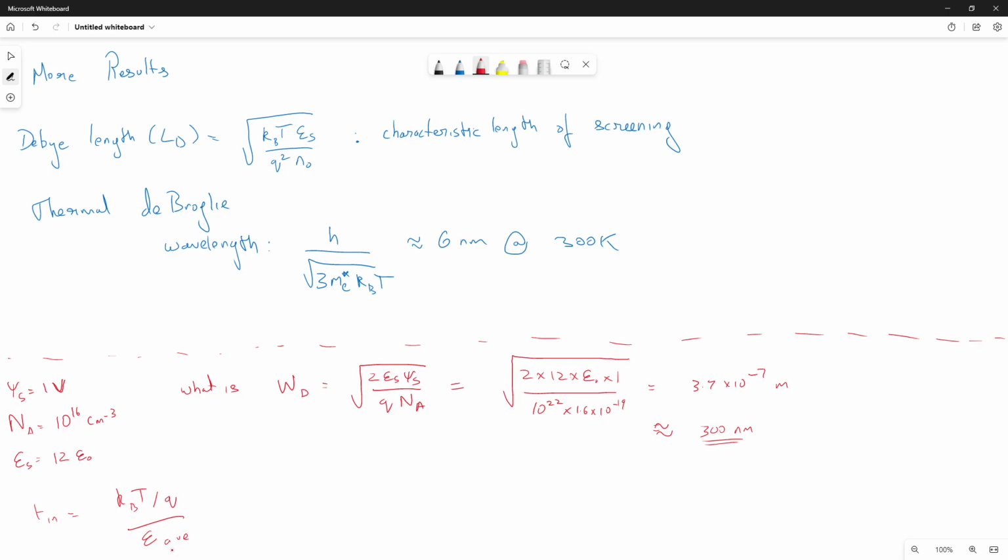So can you tell me what the average electric field will be? It varies by 1 volt across 300 nanometers. So E average is 1 divided by 300 nanometers. Is that clear?